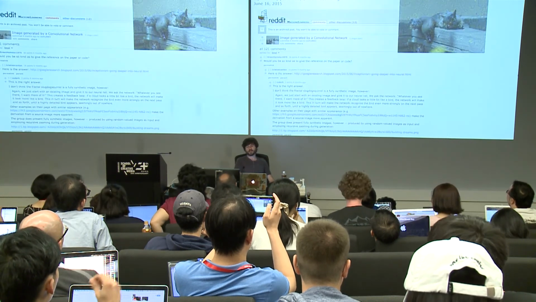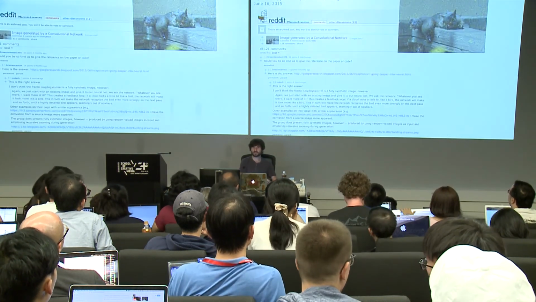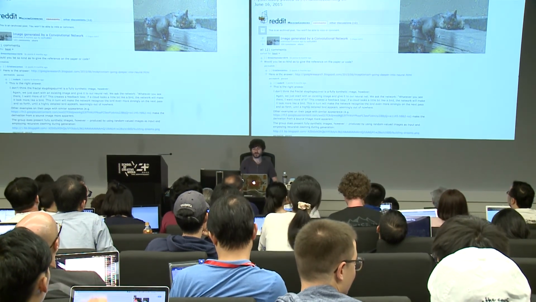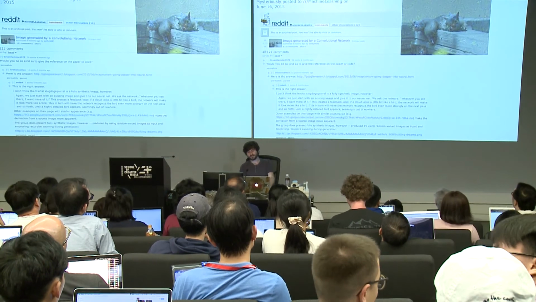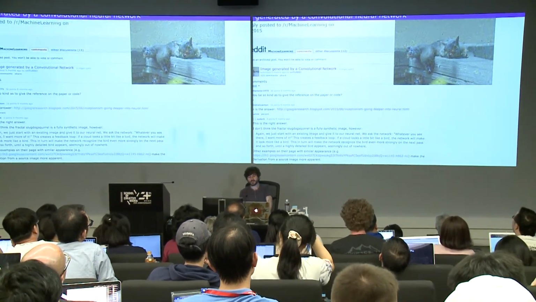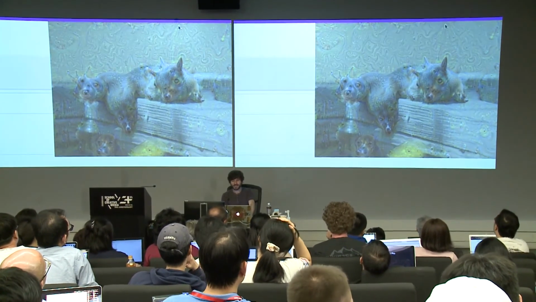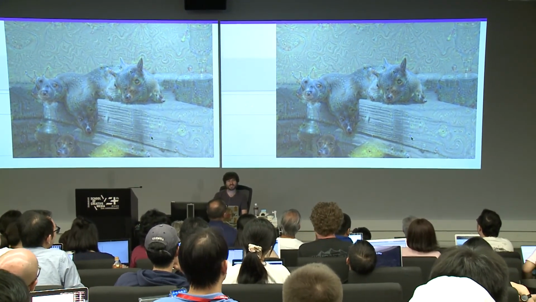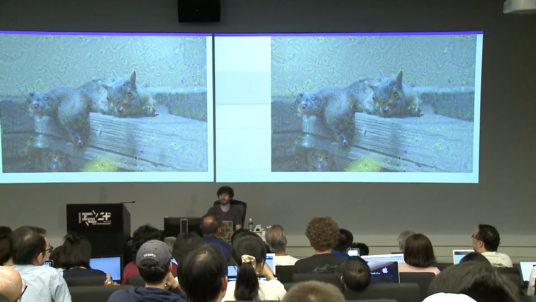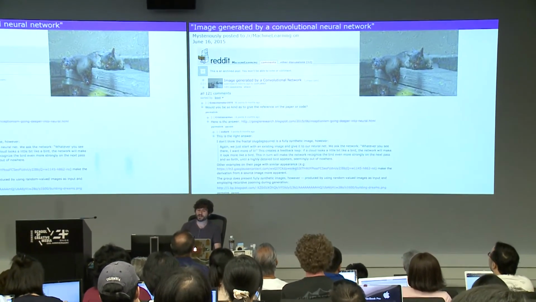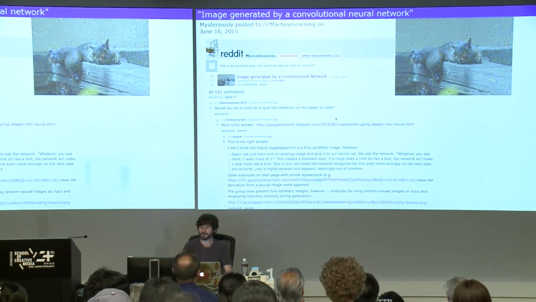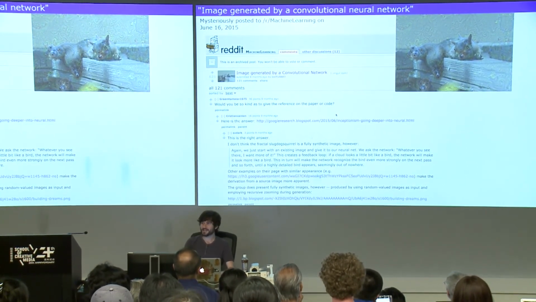So basically, a few days after this, there was a post on Reddit, or actually just before the blog post, someone posted this image onto Reddit and wrote "image generated by a convolutional network." And it was this weird slug looking thing. Did anyone see this? A few people, right? So this was submitted anonymously on Reddit, and people were like, what the hell is this, right?